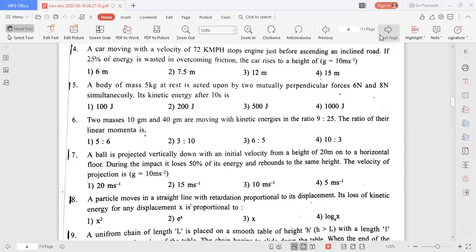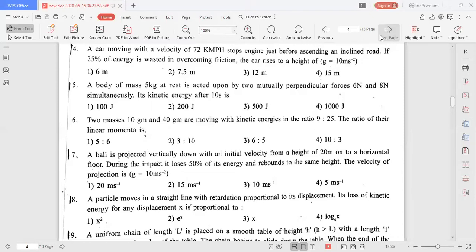A body of mass 5 kg at rest is acted upon by two mutually perpendicular forces. The body is at rest, so initial velocity u is equal to 0. It experiences two perpendicular forces, F1 is equal to 6 Newton and F2 is equal to 8 Newton.